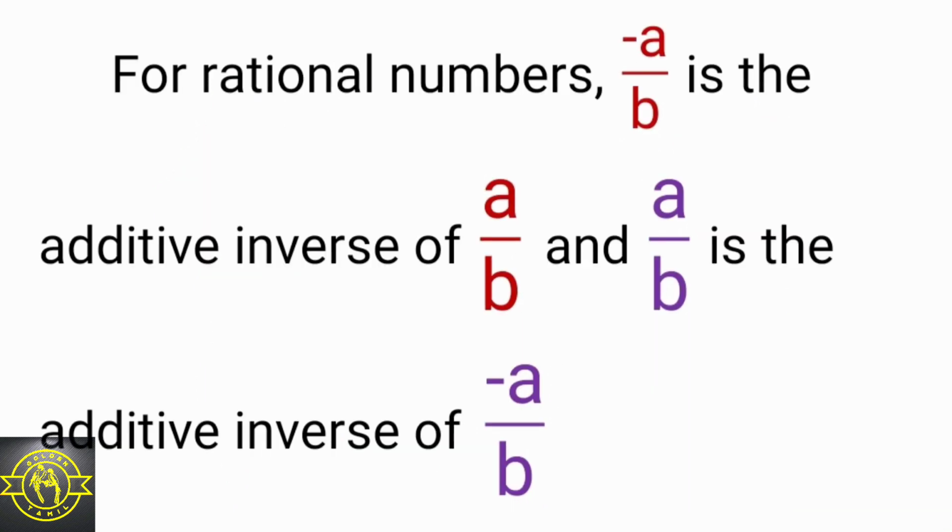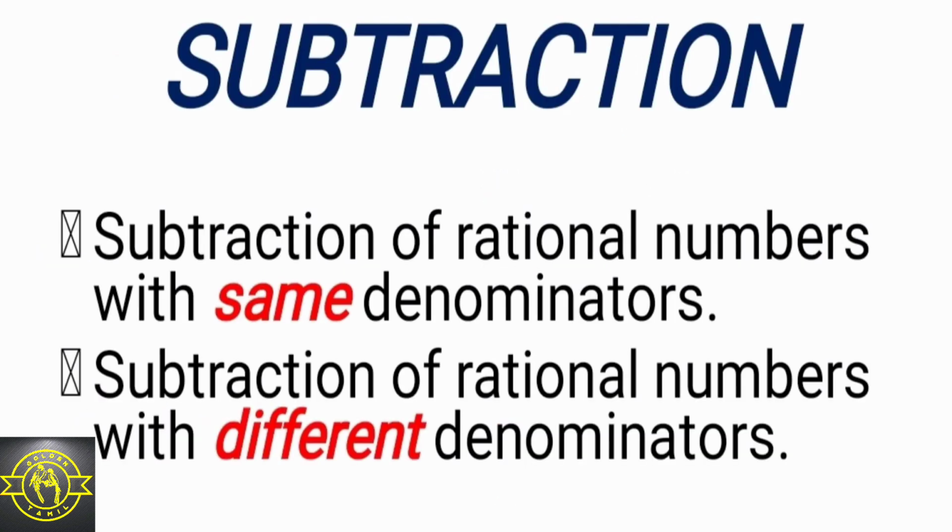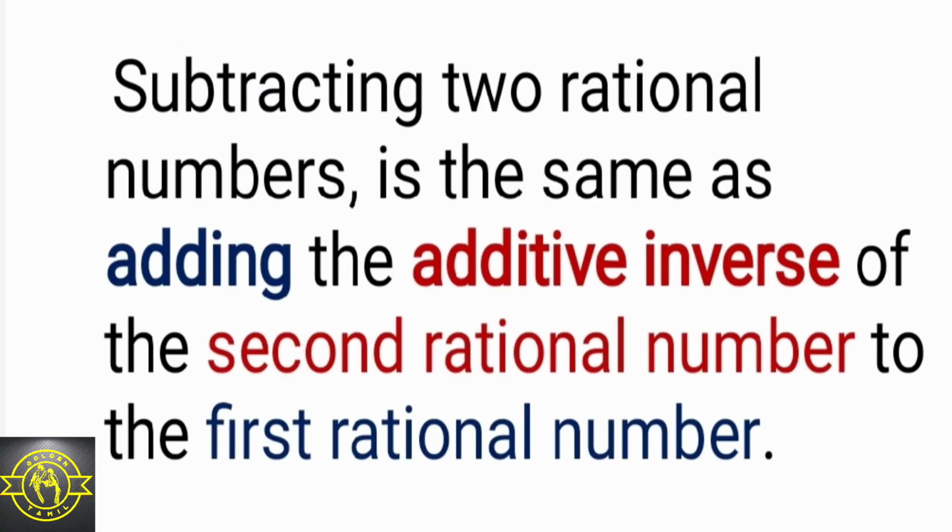For rational numbers, minus a by b is the additive inverse of a by b and a by b is the additive inverse of minus a by b. And we have seen about subtraction. In subtraction also there are two methods: subtraction of rational numbers with the same denominators and subtraction of rational numbers with different denominators. Subtracting two rational numbers is the same as adding the additive inverse of the second rational number to the first rational number.